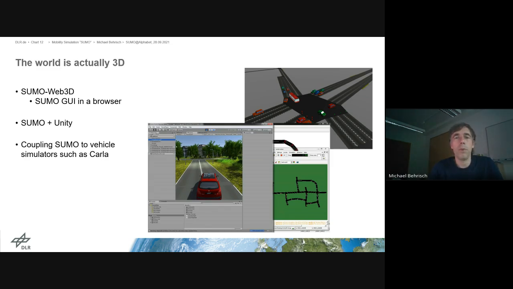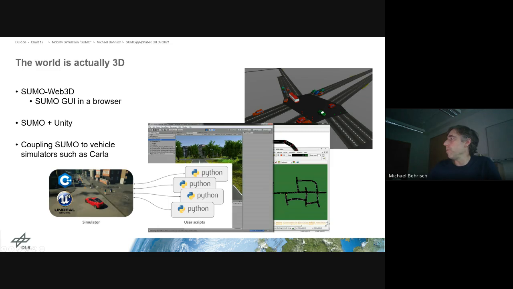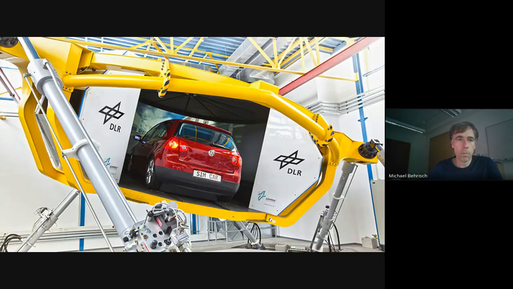Of course, they always focus on the detailed simulation of their single vehicle, but to have all the vehicles around them, there are several couplings. I just mentioned Carla here because it's open source, but couplings to CarMaker and RF Pro also exist. So many people who just want surrounding traffic try to do this with SUMO. This is the Carla coupling, which is using the Unreal Engine.